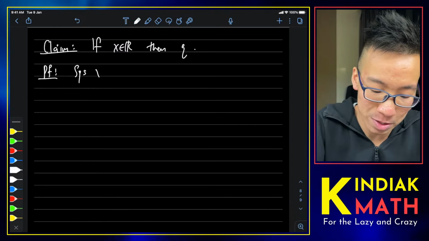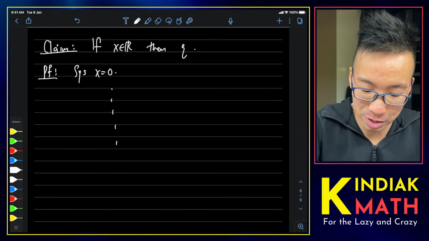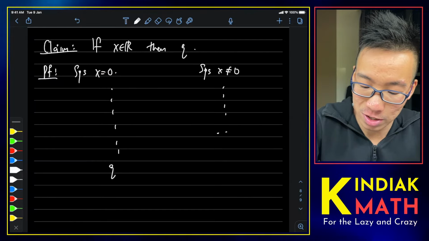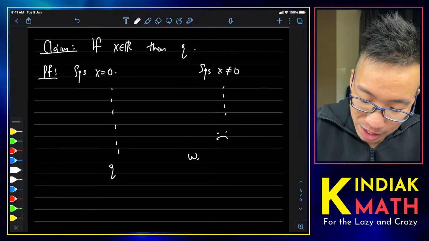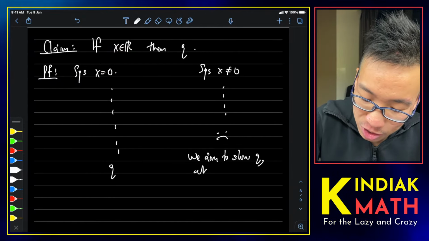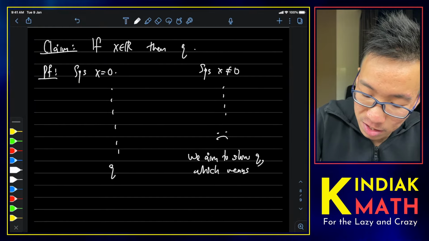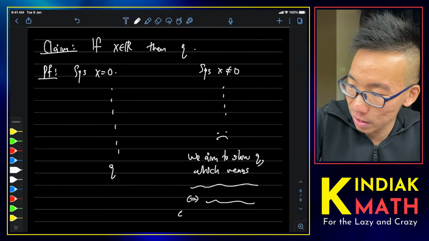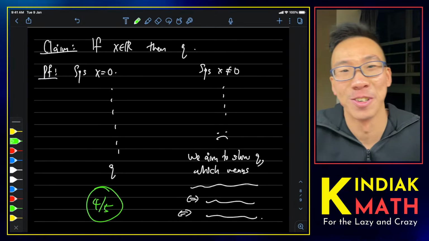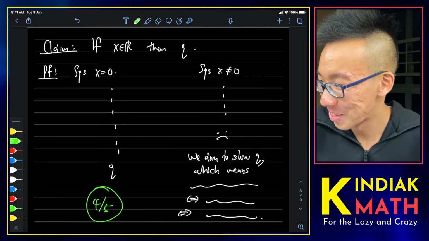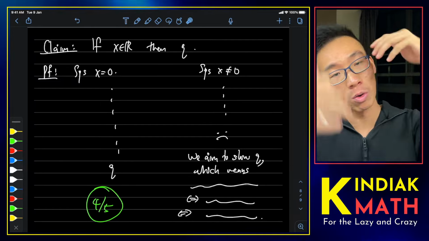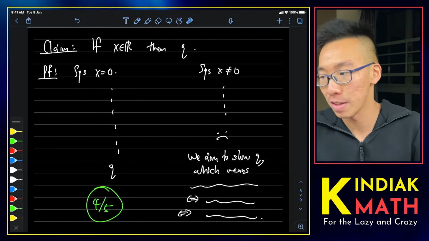So I just supposed x equals 0, and I managed to get Q, and then supposed x is non-zero, and I actually got stuck. What I did here is I said we aim to show Q, which means something and something and something. I still remember I got 4 out of 5 marks for this question. So do present. If you can't prove the whole question, prove a small special case. That might get you some credit.